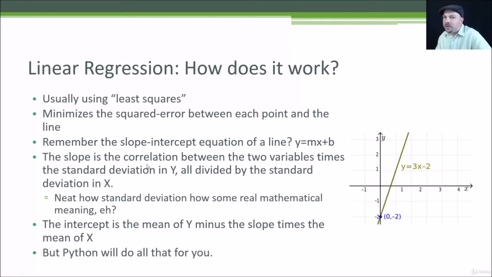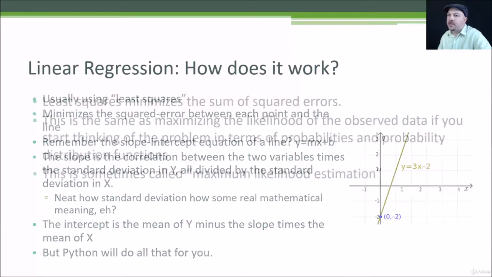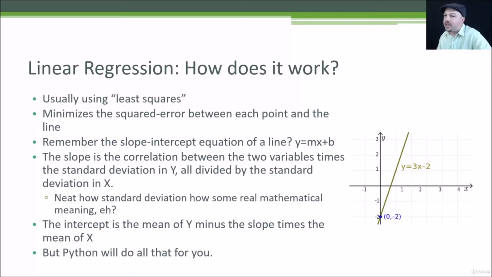And it might seem a little bit weird that standard deviation just kind of creeps into the math naturally there, but remember correlation had standard deviation baked into it as well, so it's not too surprising we have to reintroduce that term. The intercept can then be computed as the mean of y minus the slope times the mean of x. And again, even though that's really not that difficult, Python will do it all for you. But the point is that these aren't complicated things to run. They can actually be done pretty efficiently.